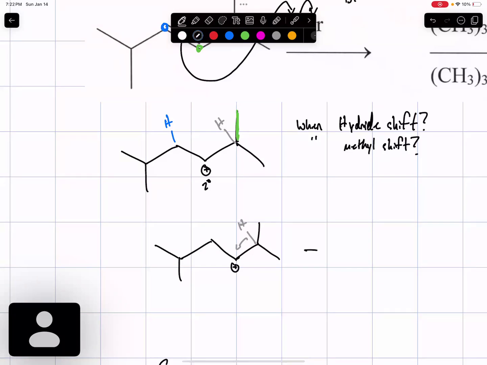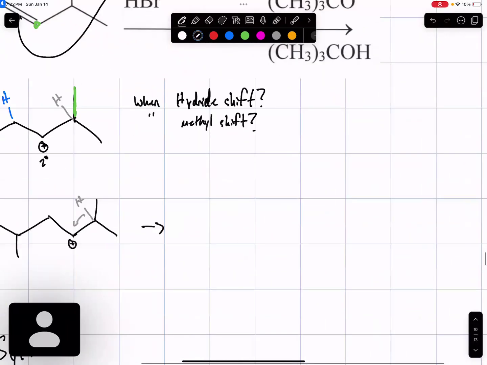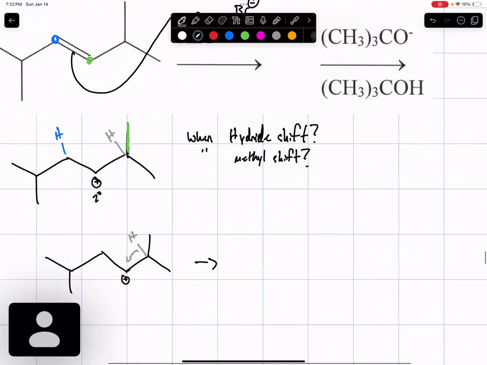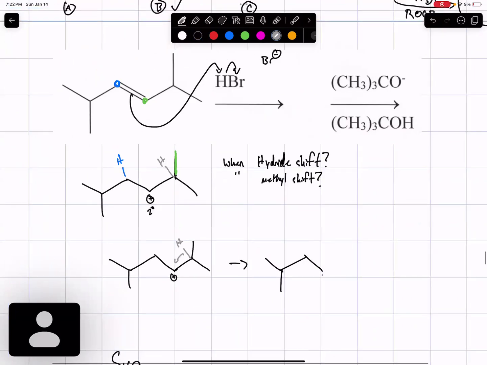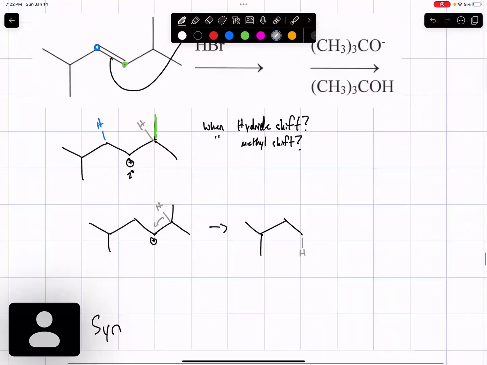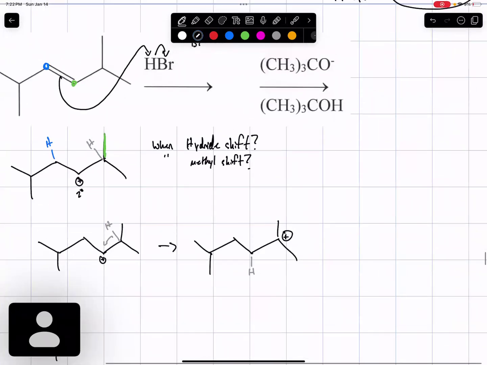Okay. So since we had a hydride shift, this is where that hydrogen is now placed. I formed a tertiary carbocation.